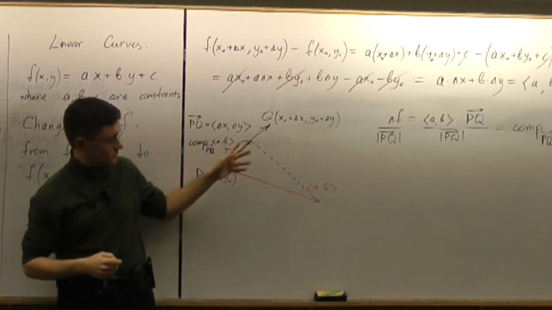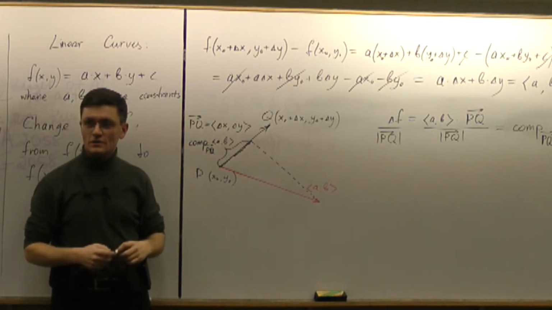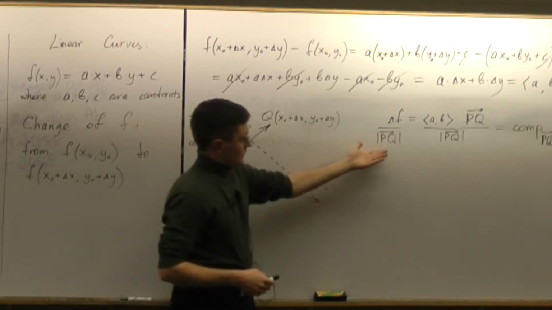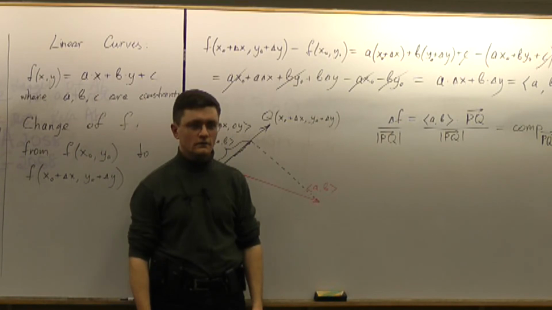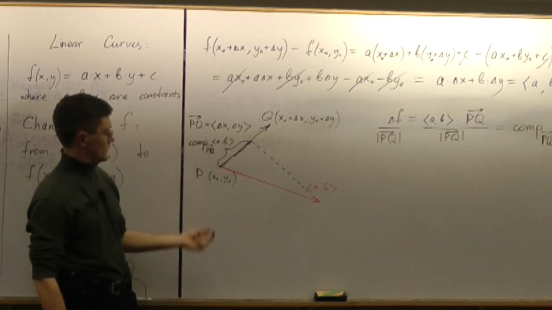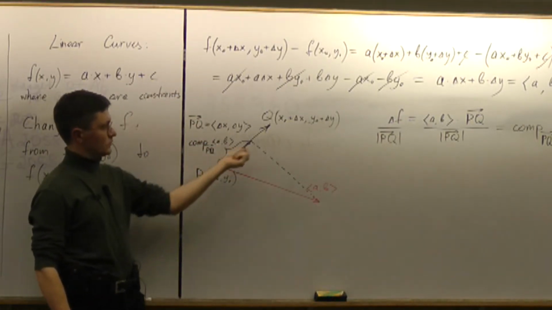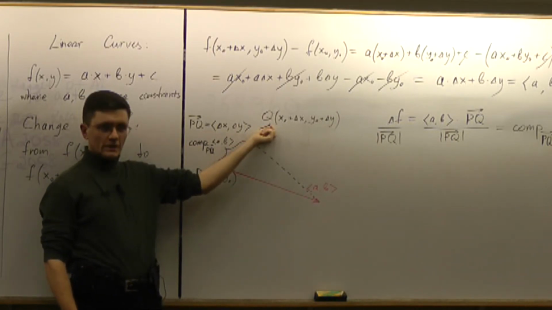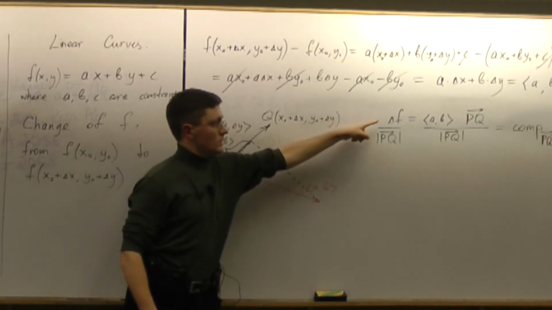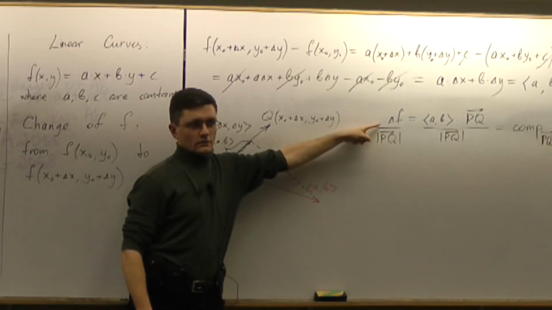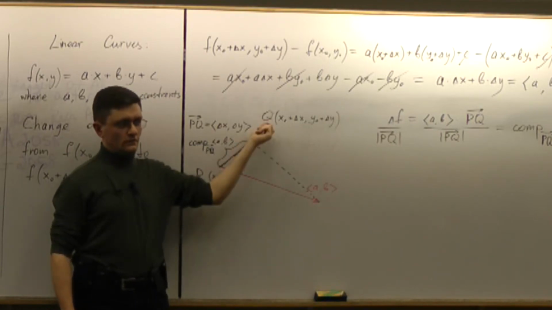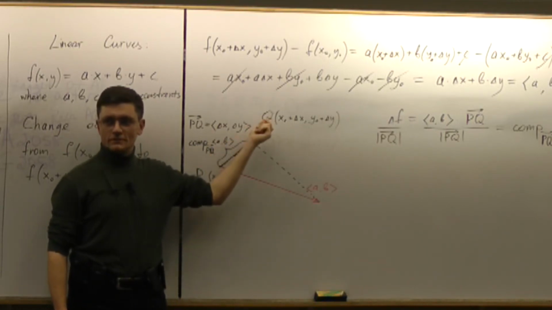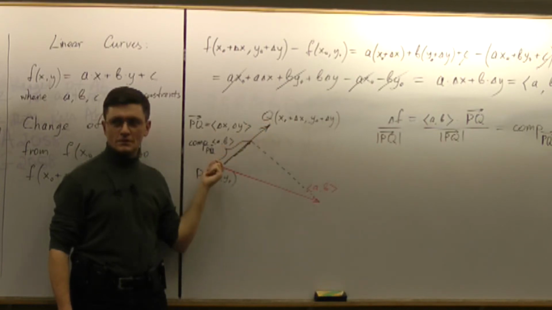All right, so the right-hand side is immediately geometrically visible. What's the meaning of the left? I moved from this point P to the point Q in the domain of the function. I looked at the change of the function, and then I divided it by the magnitude of the change of the variable P. Right?